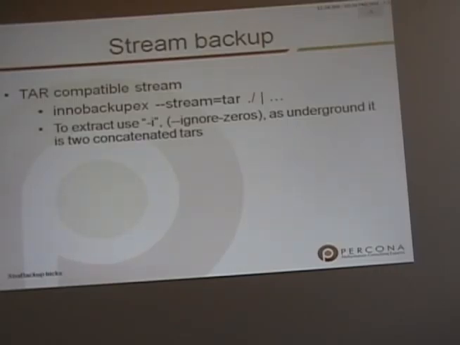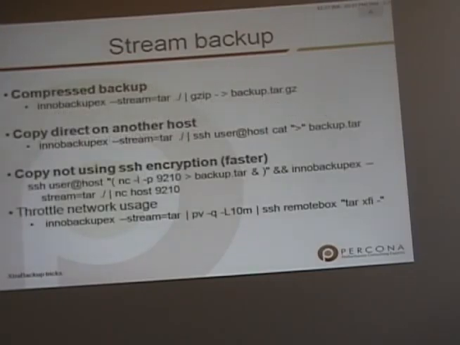But it's pretty much transparent. So you can do, like I said, everything with a tar stream. You can compress, you can copy to different hosts without encryption overhead. You can throttle network usage, because if you just copy files, it might hurt your network performance.